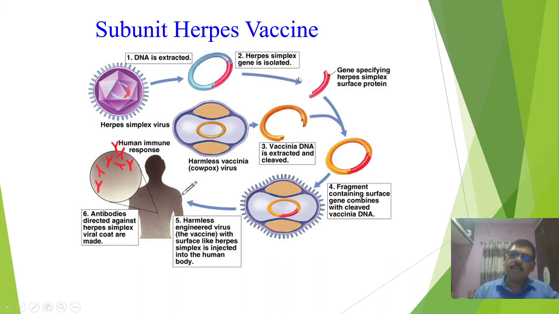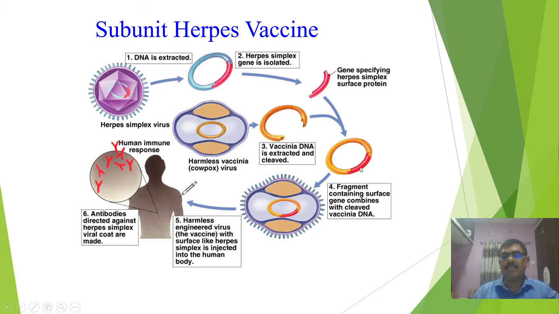Then you isolate the gene by restriction endonuclease, isolate the DNA from the vaccinia virus, and then ligate the gene specifying the surface protein of herpes simplex virus into the DNA of the vaccinia, and then incorporate it again.